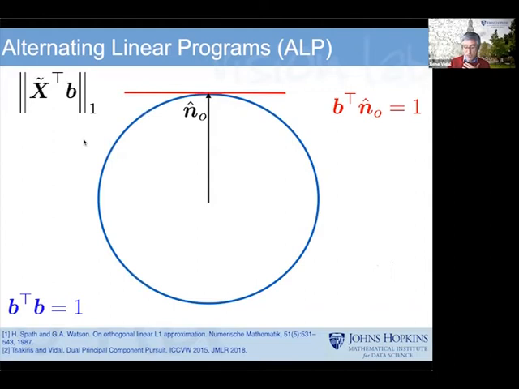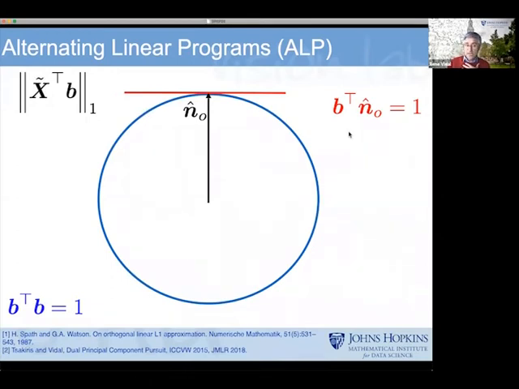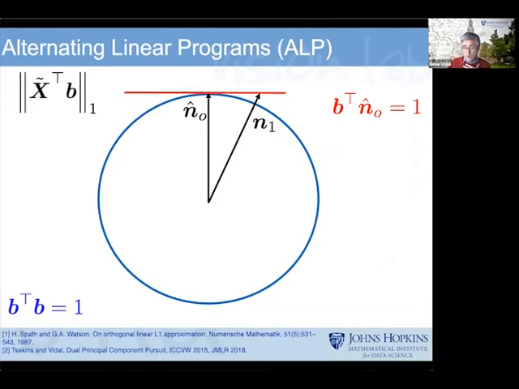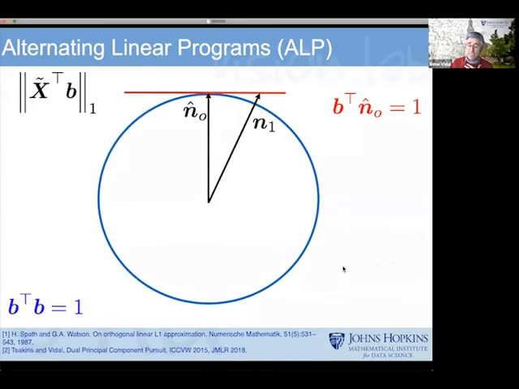Once we do so, we have an L1 minimization problem subject to a linear constraint, and that can be solved by solving a linear program. So that's what we do. We solve that linear program. That linear program is not enforcing the unit norm constraint, and so the solution to that linear program needs to lie on that red line, and it's outside the sphere.